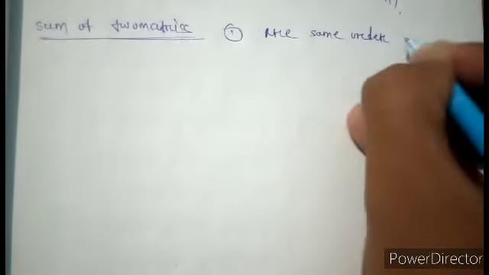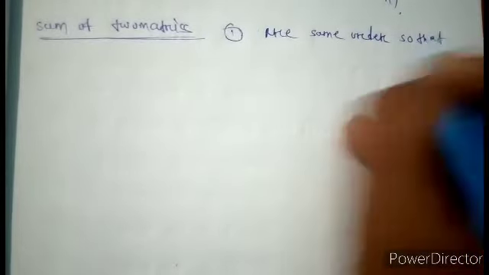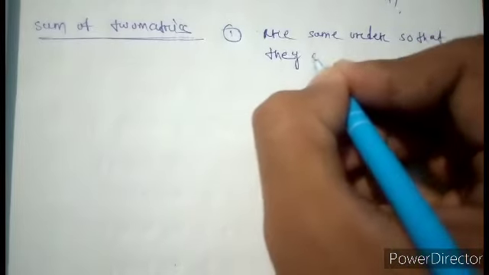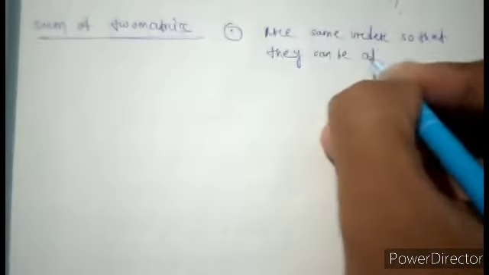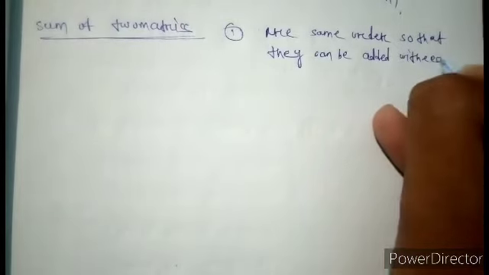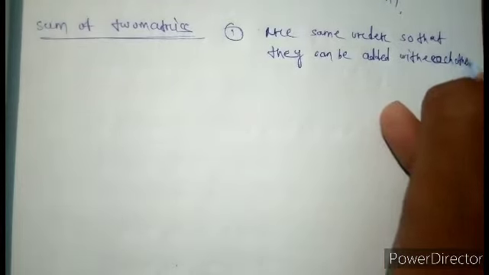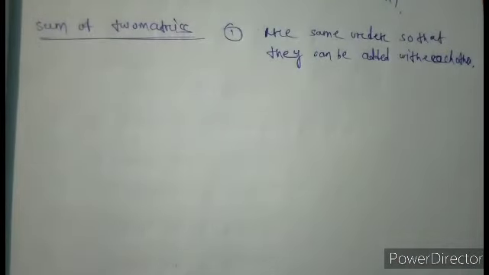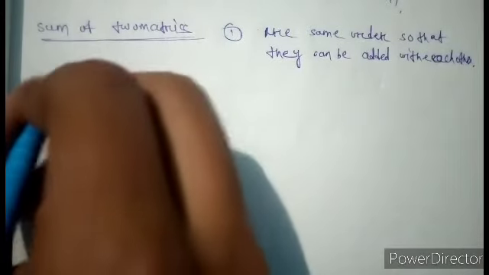So first of all we have to know that the two matrices are of the same order, so that they can be added with each other. Then let us do an example.